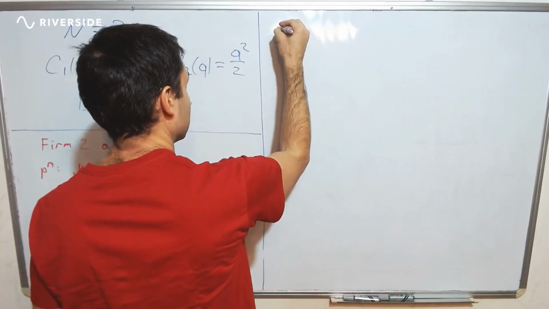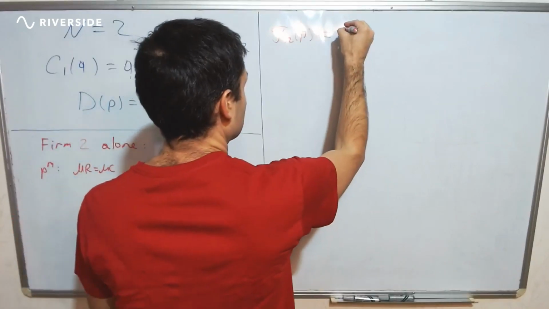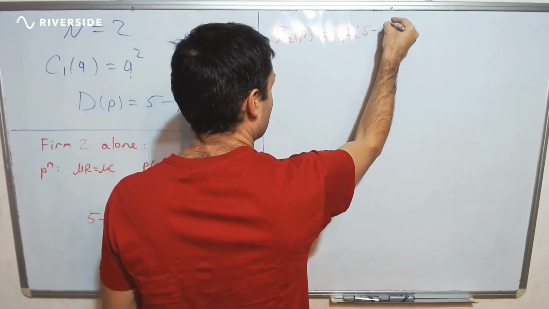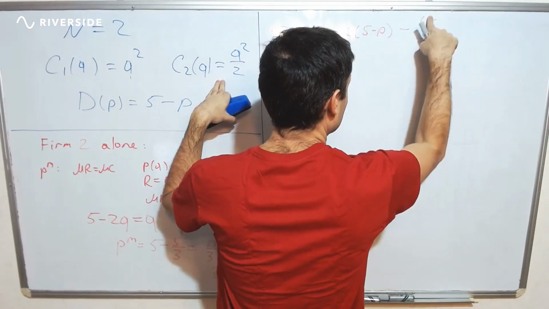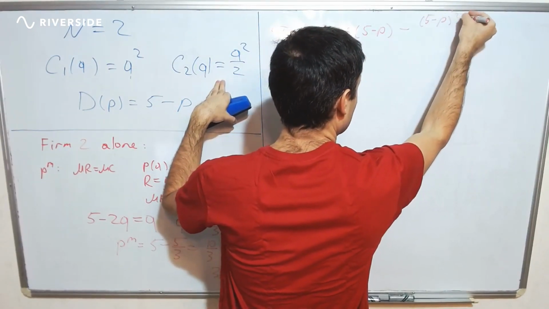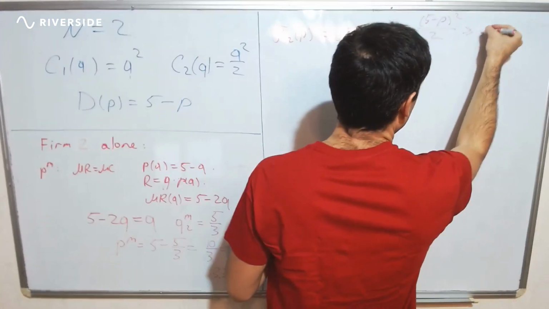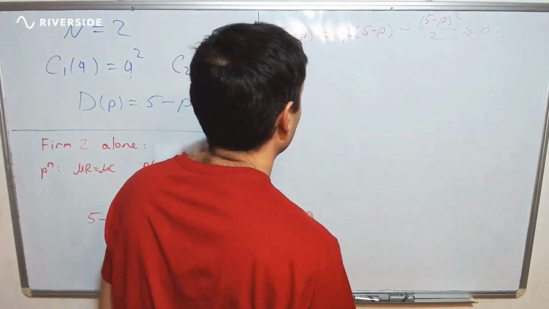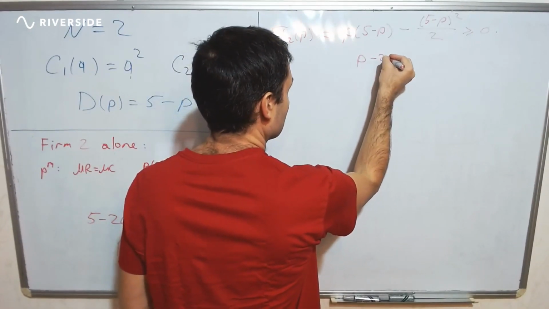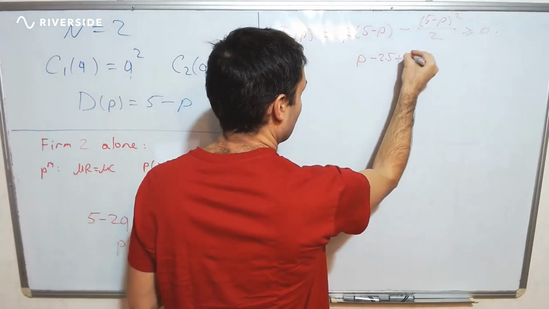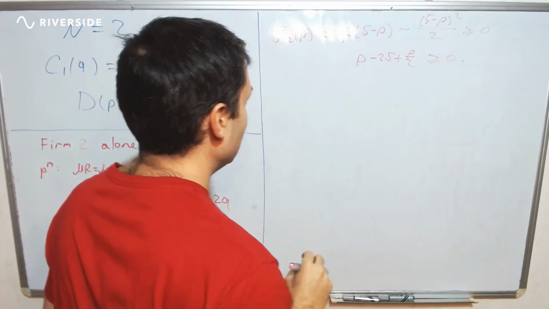for the break-even price. So P2 of P will be when firm 2 operates alone. It services the same market by itself, but its costs are better than that of firm 1. So we will get a different inequality. Again, we will divide by 5 minus P. We'll get 5 minus 2.5 plus P over 2 greater than 0.